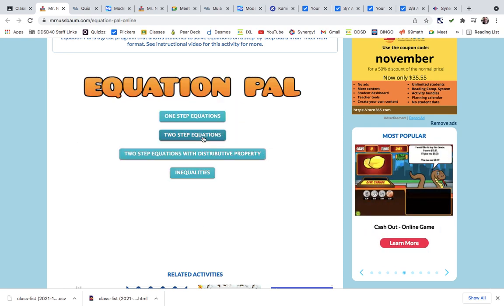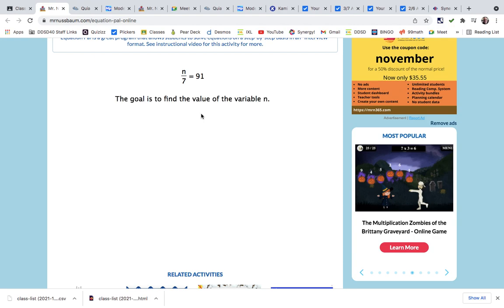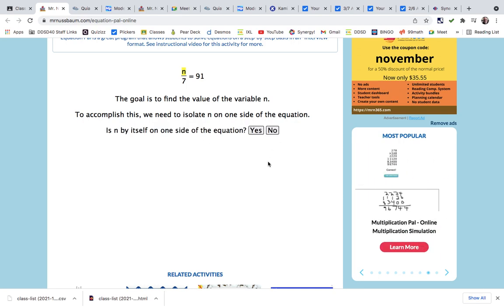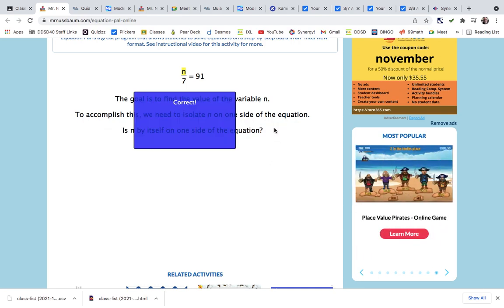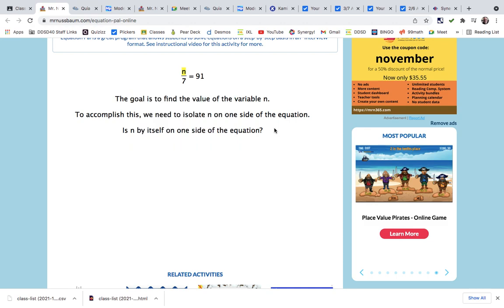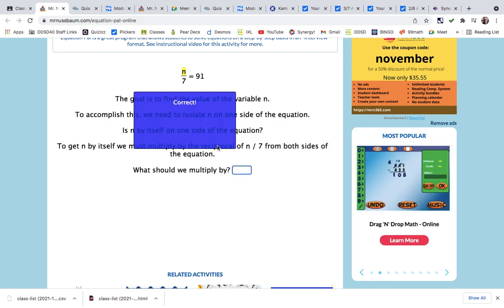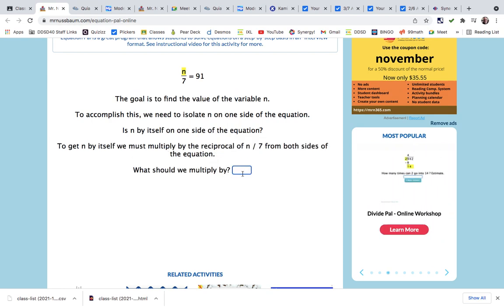Let's try one more. So is n by itself? No. And to get n by itself, we're going to multiply. And let's multiply by 7.